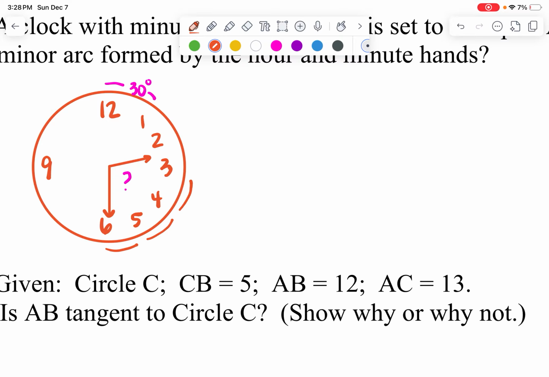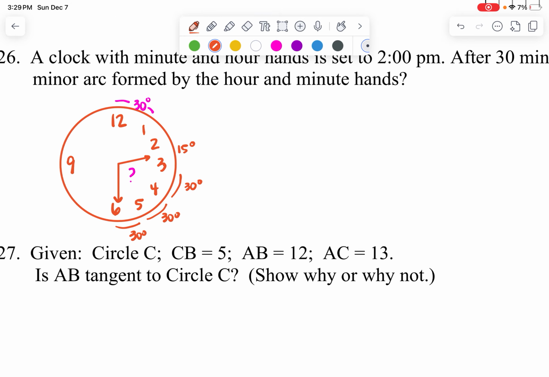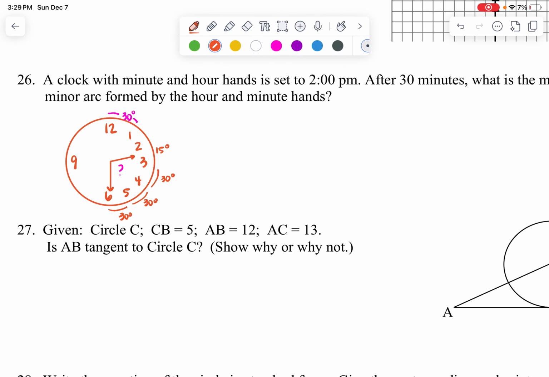But this interval right here is going to be smack dab in the middle, so it's only going to give us 15 degrees, right? So 30, 30, 30, and 15. If you're not sure that's 15 degrees, you're more than welcome to set up the proportion and figure that out pretty easily. Which means our answer is 105 degrees.